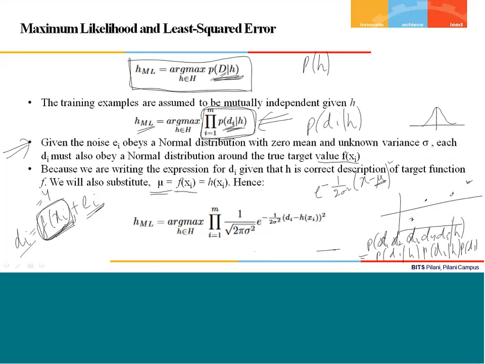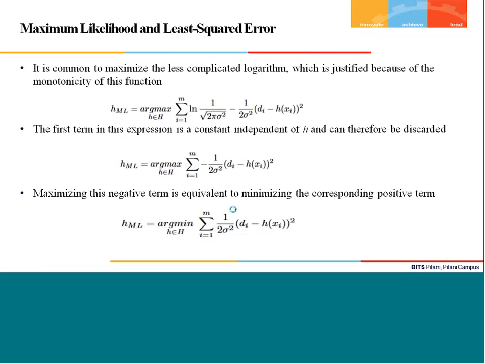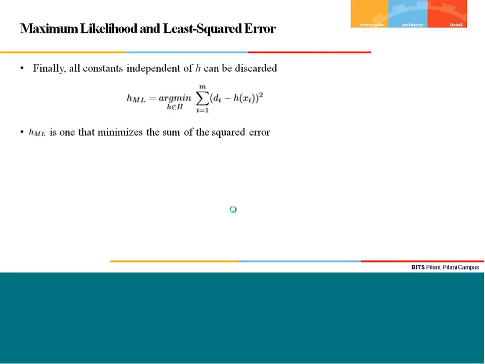So mu is replaced by f(x) now, and f(x) is h(x), because you are approximating your true function with some hypothesis in the hypothesis space. So you are replacing this mu with this h(x), and this is the data. After simplifying this expression, I don't want to go into the details. After simplifying this expression, you will get this.